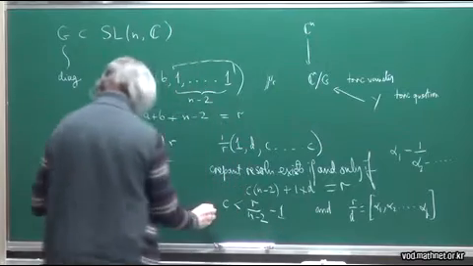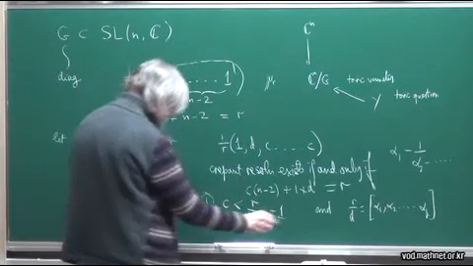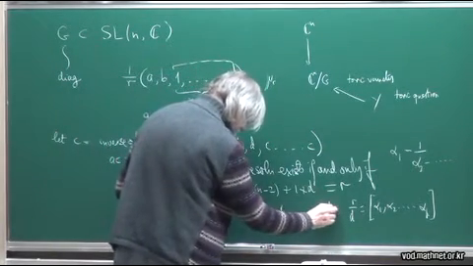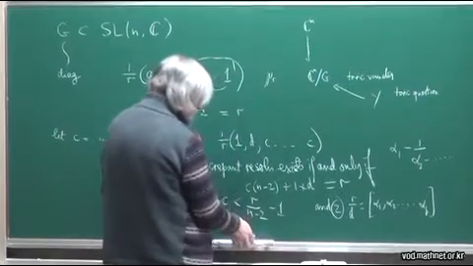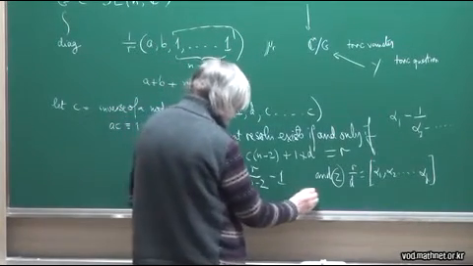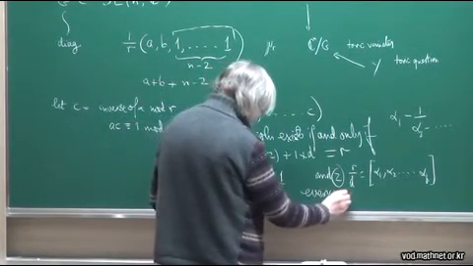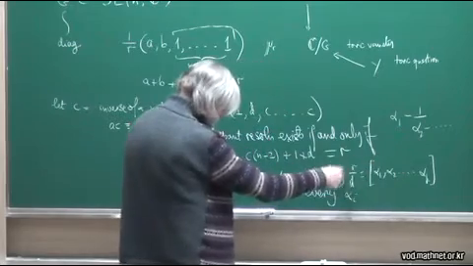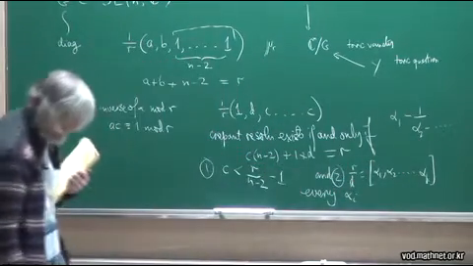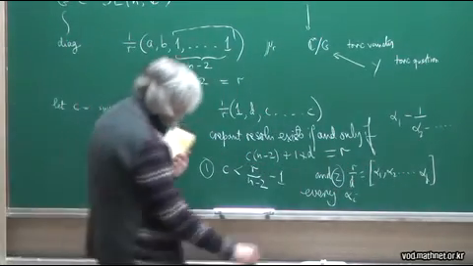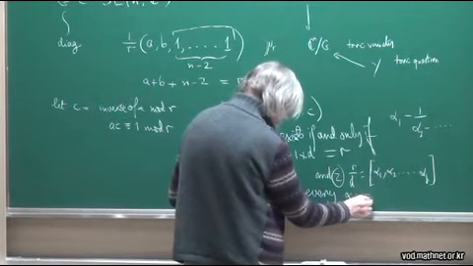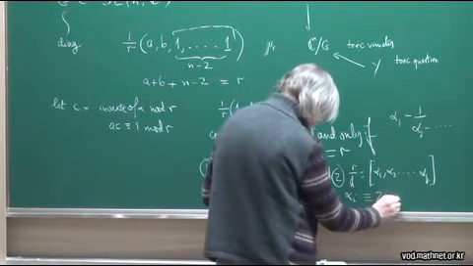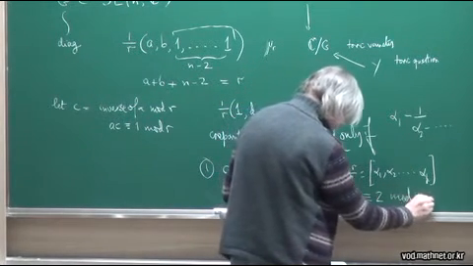So there are two conditions here. One is that C should be small, and the second one is that every alpha I, these are integers, this is a rational number expressed as a continued fraction in the usual way, every alpha I is congruent to 2 modulo n minus 2.